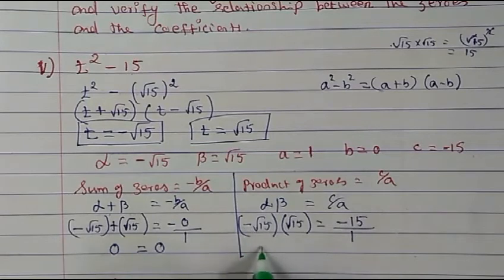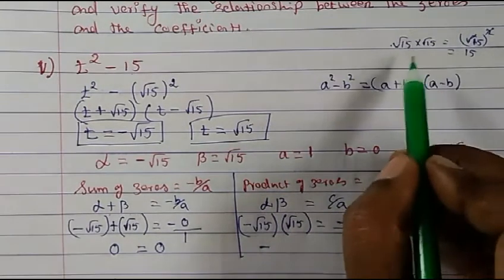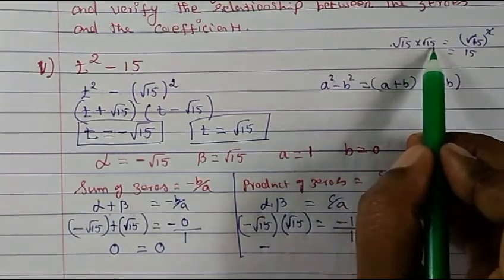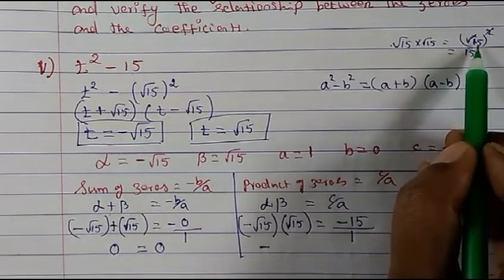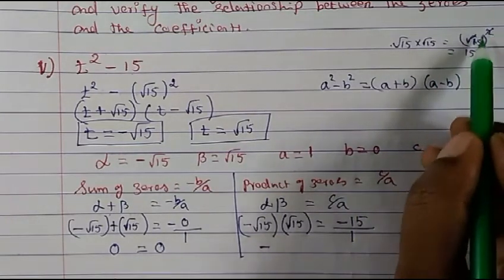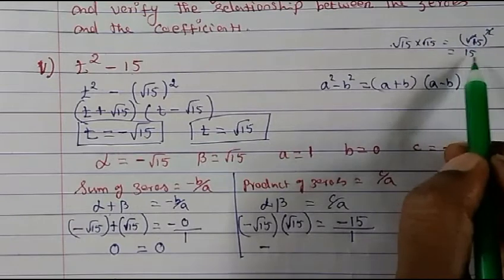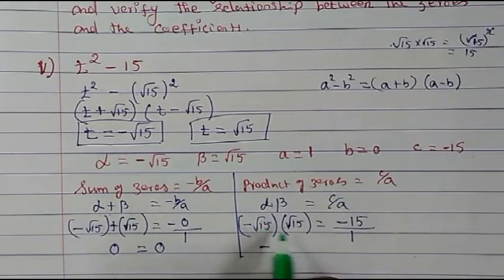Here it is minus, so it will give us minus 15. Root 15 into root 15 we can write as root 15 whole square. When the square goes, the root also will go, and it will give us 15. The same way this will become minus root 15 whole square upon 1, so when the square goes, the root also will go.